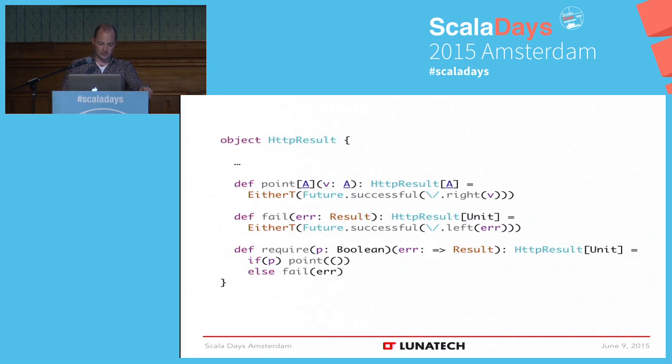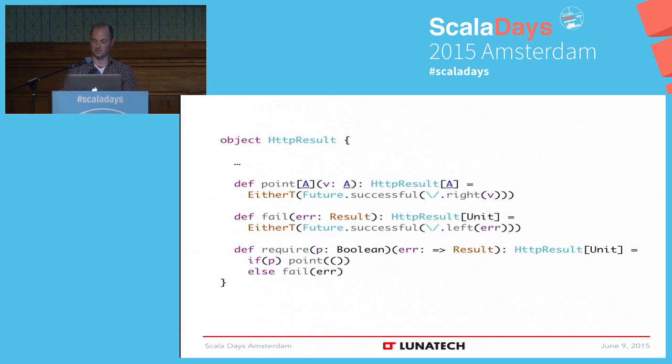Something else that you can do is create a bit more interesting methods to construct either transformer values. We can say point, which basically takes a pure value and puts it into this entire structure. We can do fail and take an error, which creates a failure variant of our either transformer.